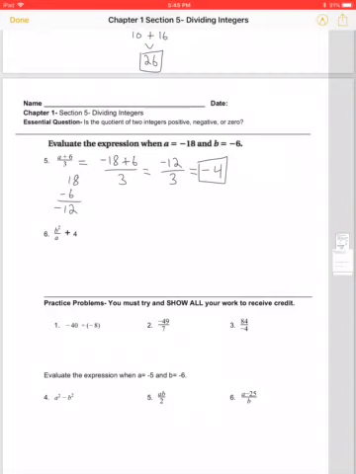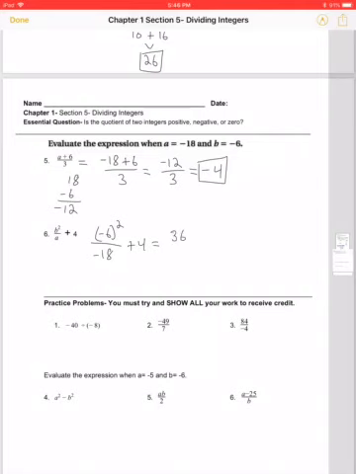Below I have b squared divided by a plus 4, sorry. So b is negative 6. So I have negative 6 squared over a, plus 4. The first thing I'm going to do is figure out what this exponent is. So negative 6 squared is negative 6 times negative 6.